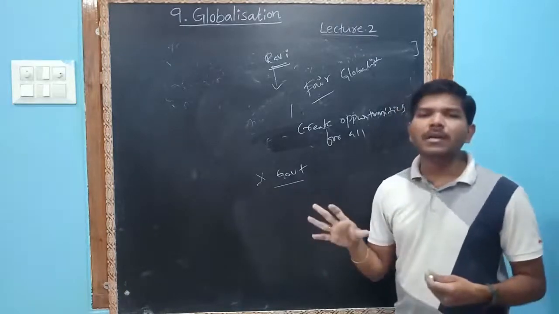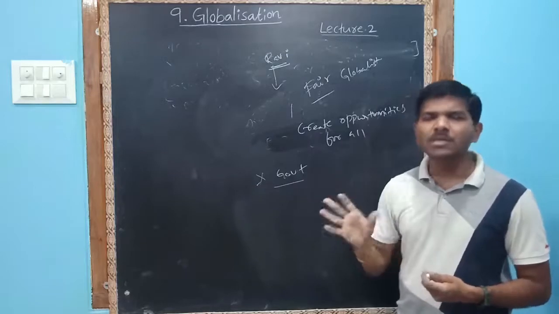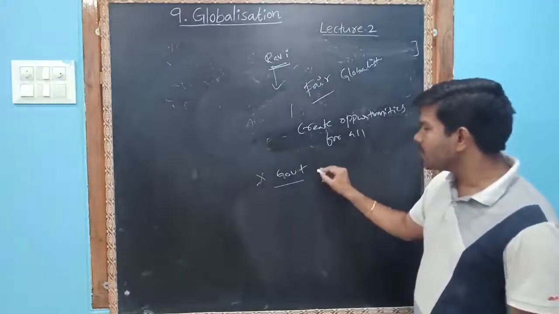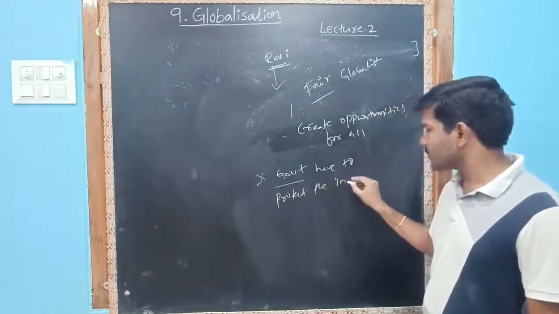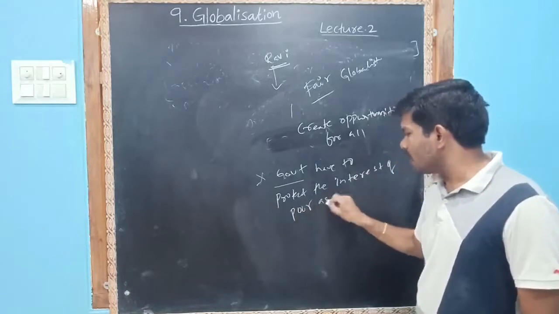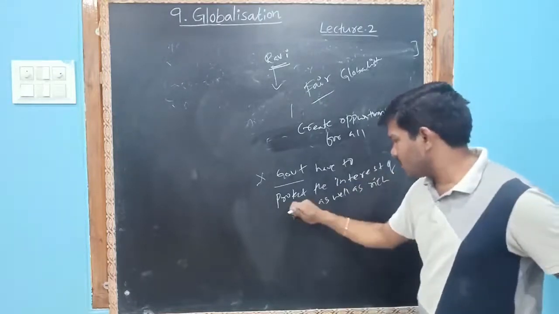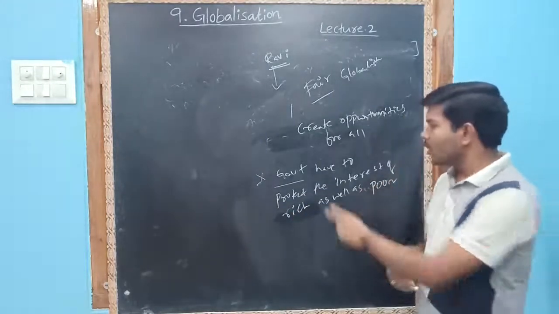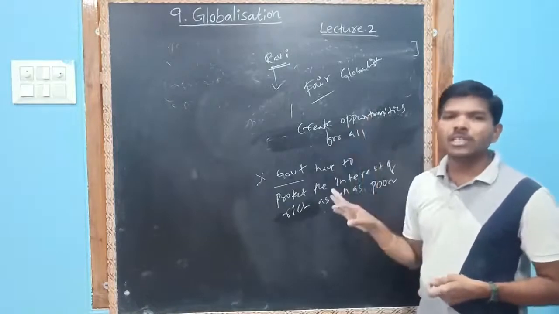So government interference is needed in globalization, because they want to protect the interests of the rich as well as the poor. Not only the rich but also the poor. That is called fair globalization.